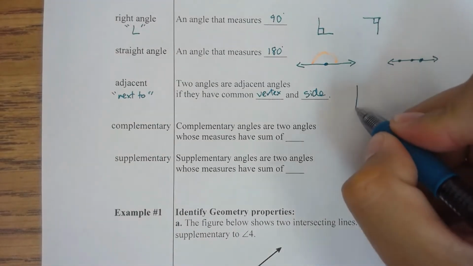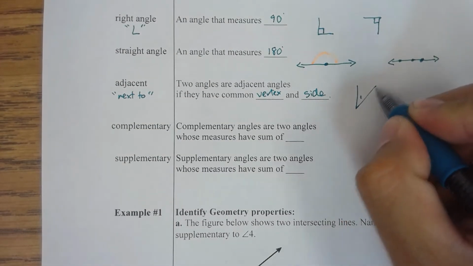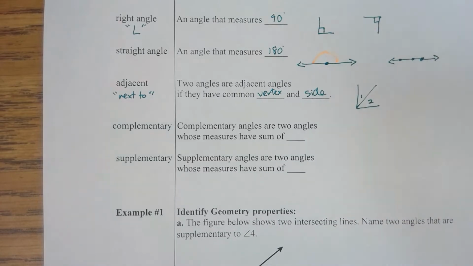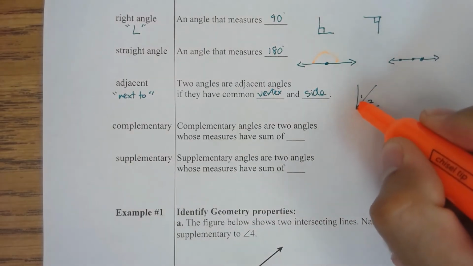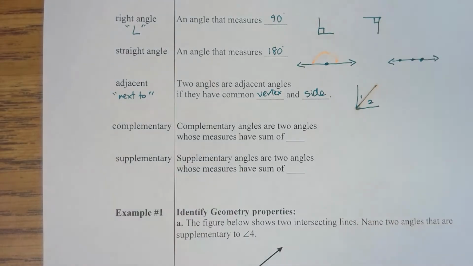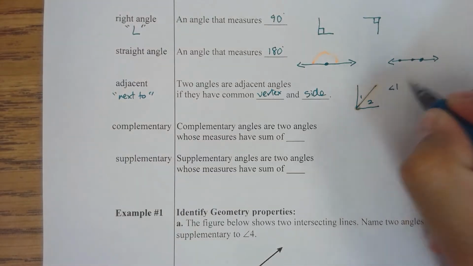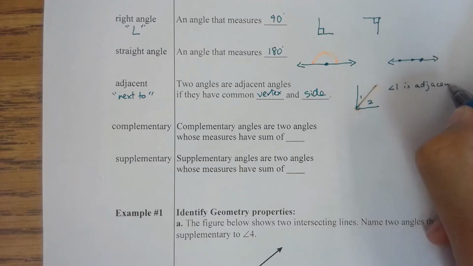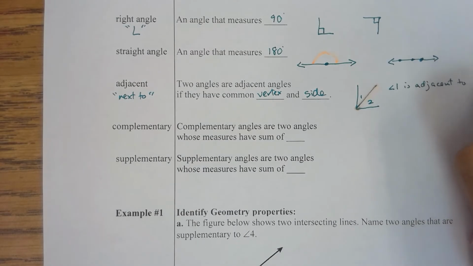So if you have this angle 1 and they're really next to each other, then they are adjacent to each other. Again, notice they share the same vertex and the same side here. So that means angle 1 is adjacent to angle 2.